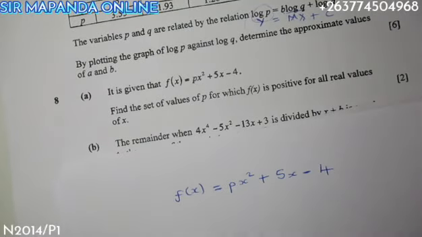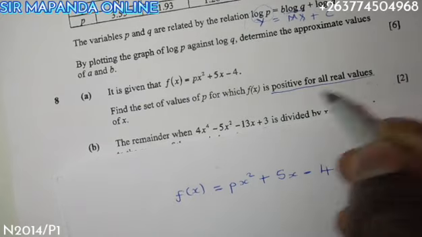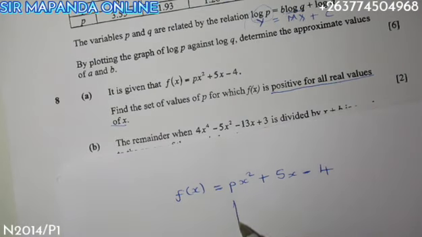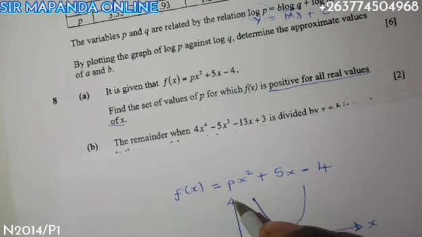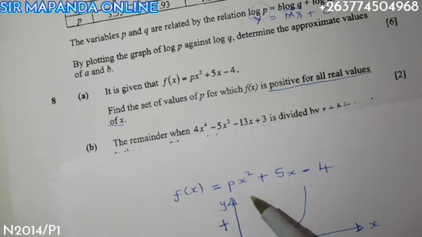So if the question says positive for all real values of x, they are not referring to real roots. I hope you are following. They are just saying your graph is above the x-axis where the positive values of y are found. So in simple terms, your curve or your graph is not intersecting with the x-axis.